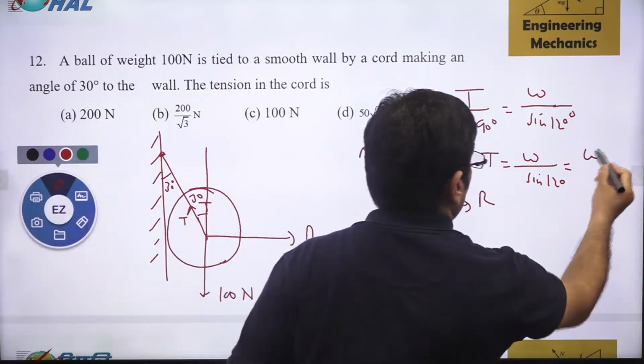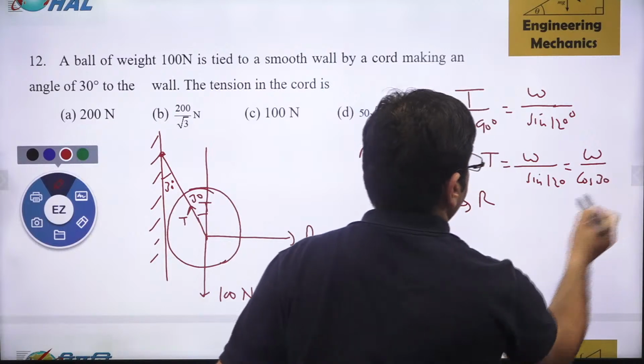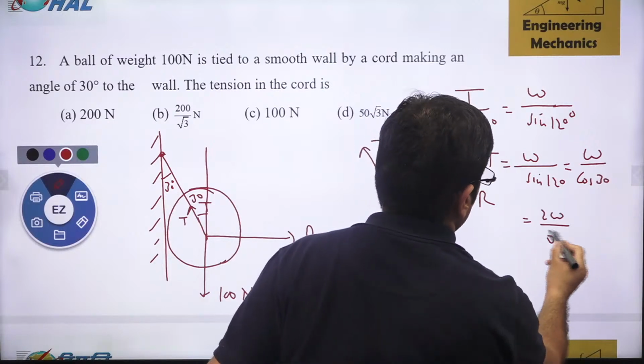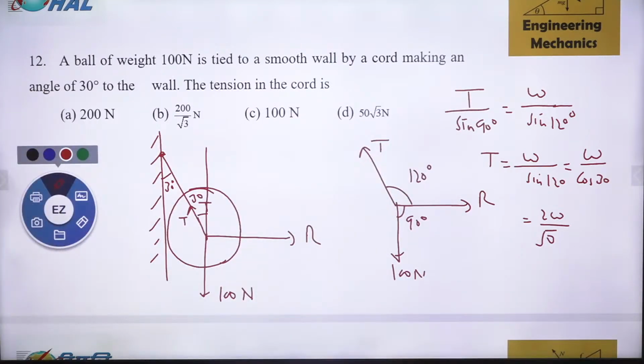So W over cos 30, which is 2W by root 3. W given to us is 100, so 200 over root 3 Newton. Hence B is the answer, 200 by root 3.